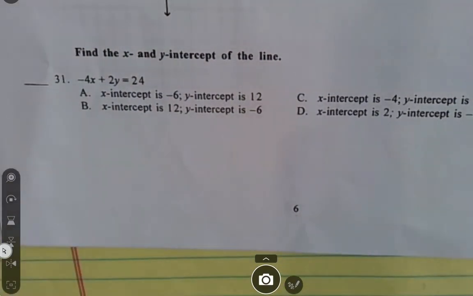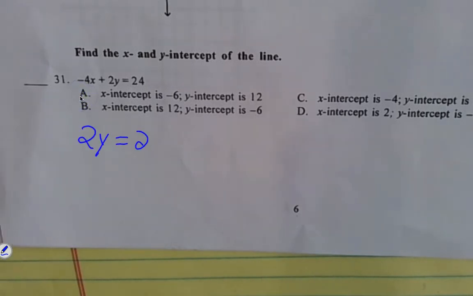We also had this on the packet, the x-intercept and the y-intercept. If you remember, let's say we want to find the y. We cover up the x and we get this. So when I solve for my y-intercept, what is it? I would divide by 2, and yes, you're right. y is 12. Both of you were correct in your answers.